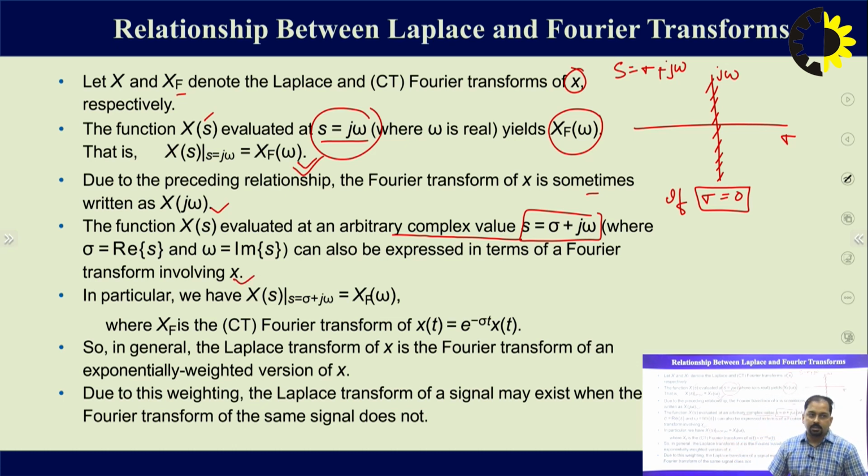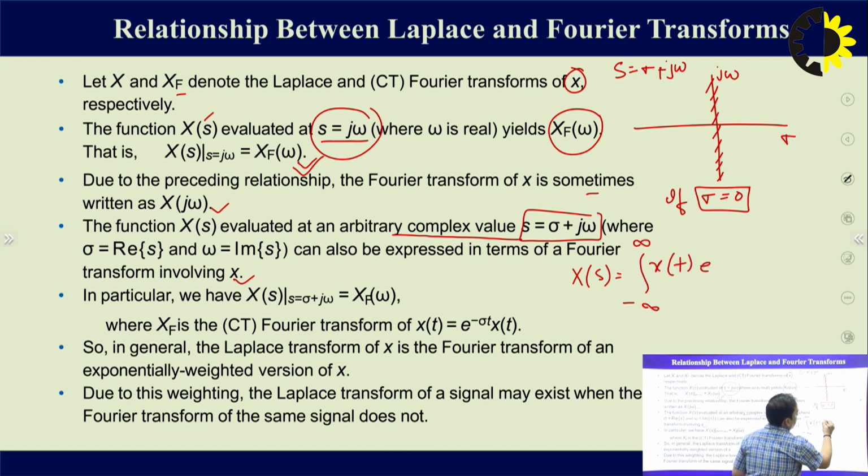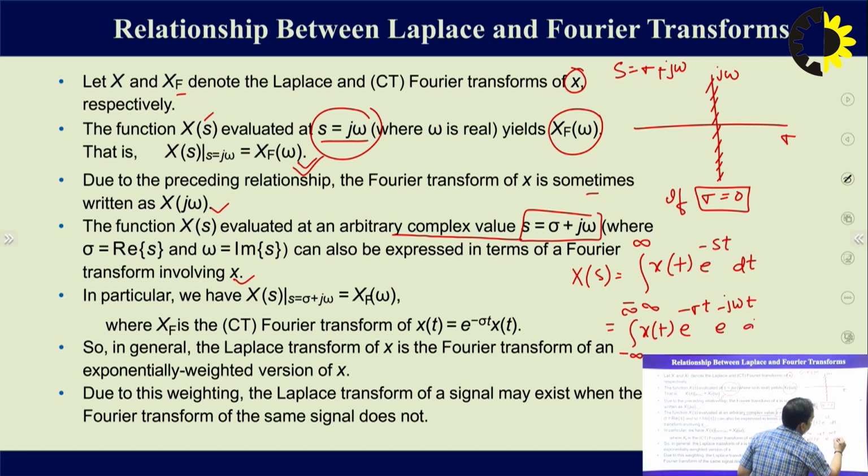If we take the generalized equation of the Laplace transform, X(s) equals the integral from minus infinity to infinity of x(t) e raised to the power minus st dt, and substitute s equal to sigma plus j omega, we get the integral from minus infinity to infinity of x(t) e raised to the power minus sigma t and e raised to the power minus j omega t dt.